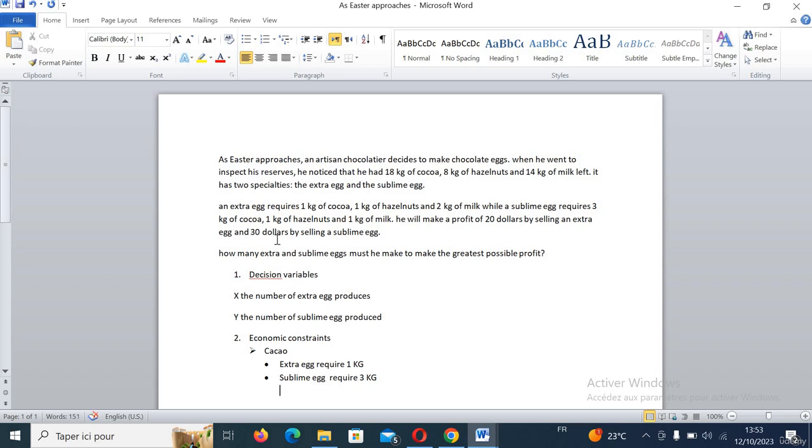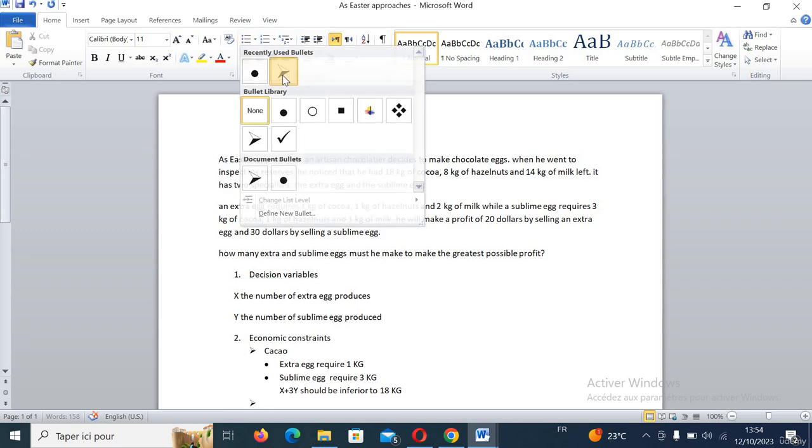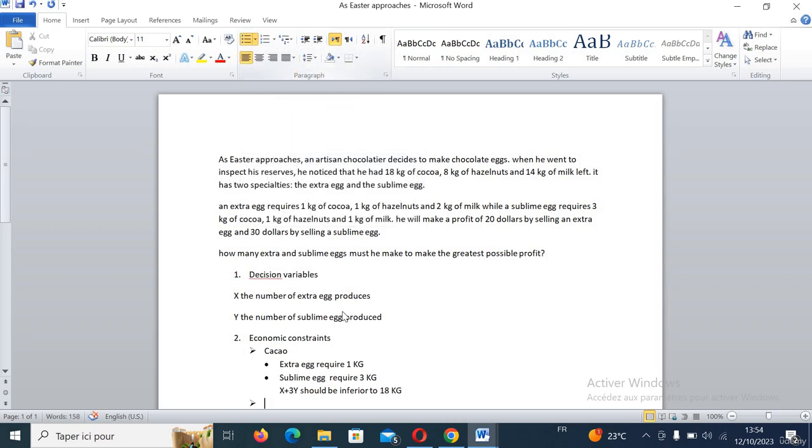That means x plus 3y should be inferior to 18, the number we have left, 18 kilograms. Now we move on to hazelnuts.